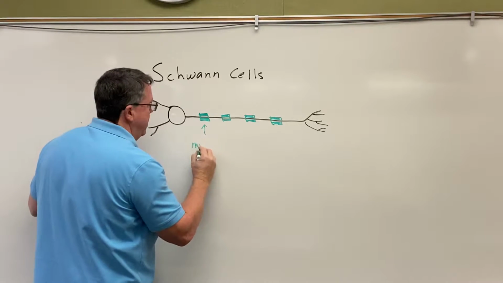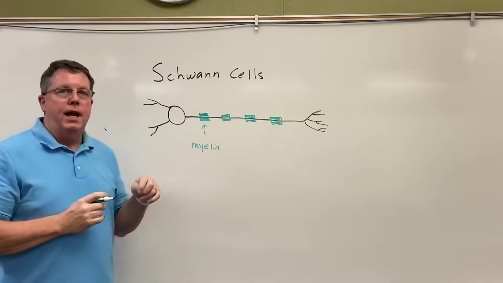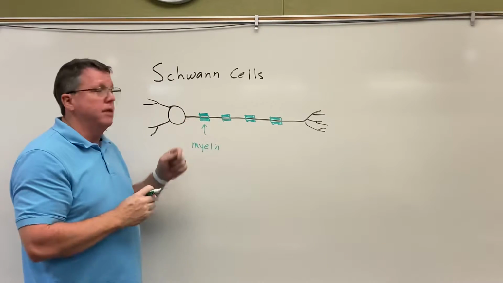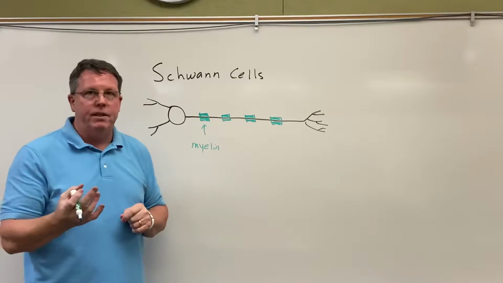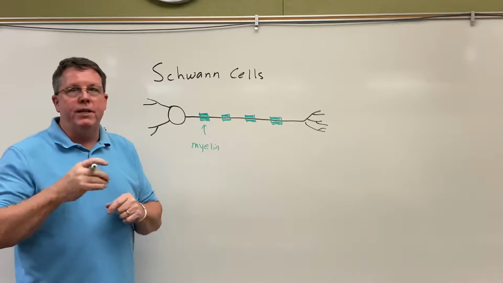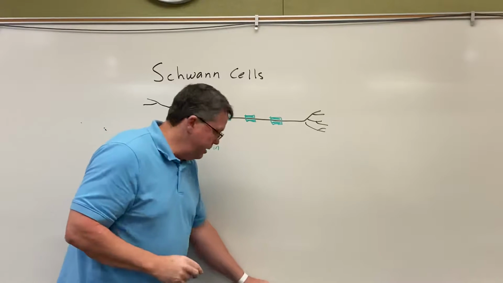Now myelin is made up of basically lipids and proteins, and we call the covering around an axon a sheath. So the myelin sheath covers the axon. The purpose of this is to increase the speed of an impulse, and we'll get to that in just a minute.